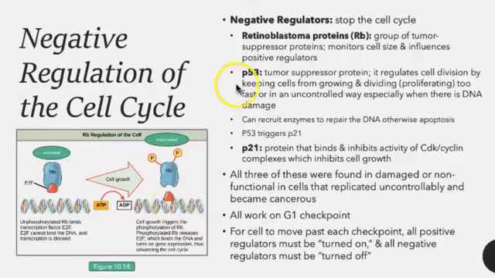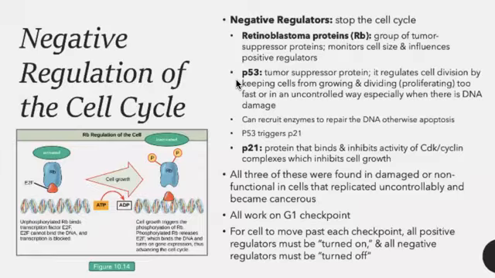Another major regulator is going to be P53, and this is often called the guardian of the genome. This protein plays a critical role in protecting cells from DNA damage. If P53 detects DNA damage, it can pause the cell cycle and allow for repair to take place.